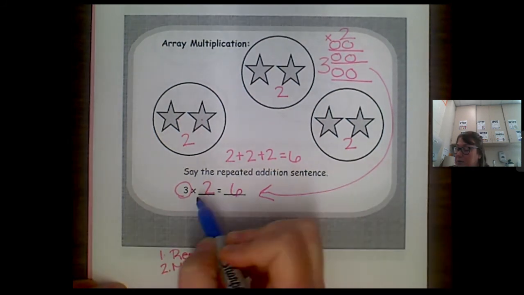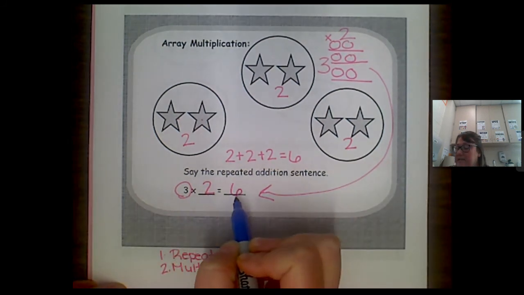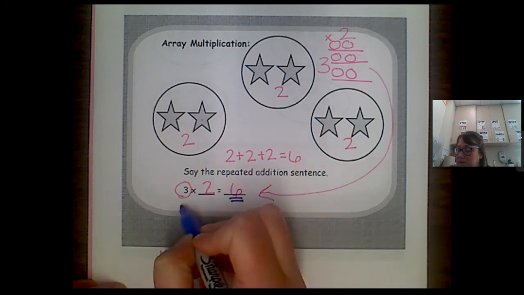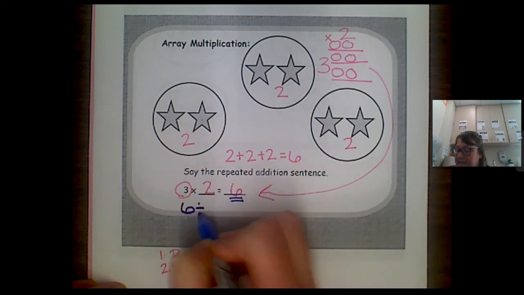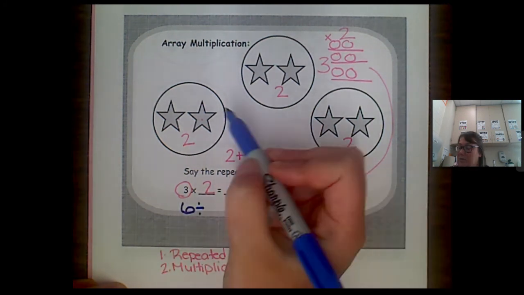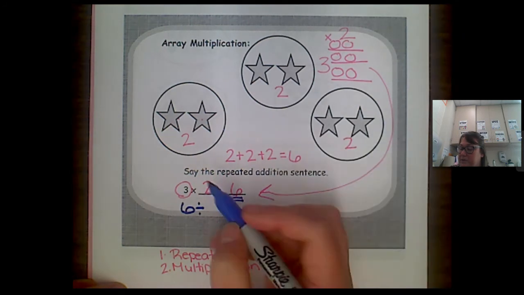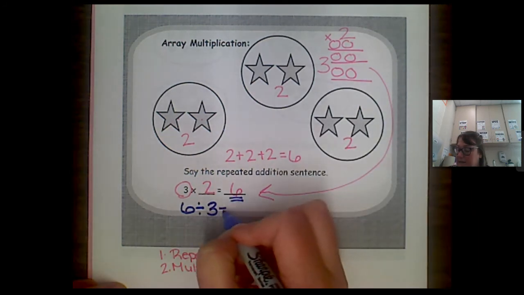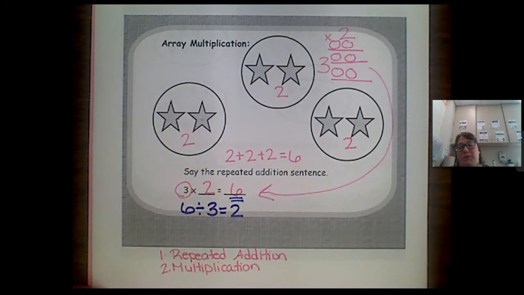So if we look, we have 3 times 2 equals 6. When we divide, we always have the total first. So it's going to be 6 divided by, and we'll divide by the number of groups. So there's 3 groups. So 6 divided by 3 equals 2.